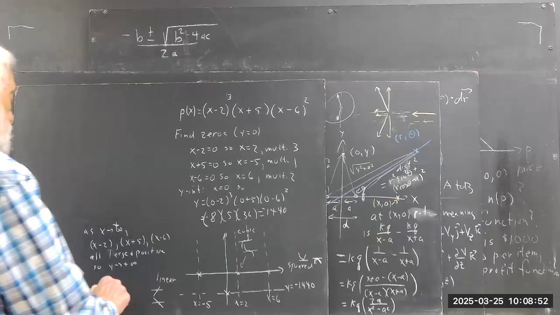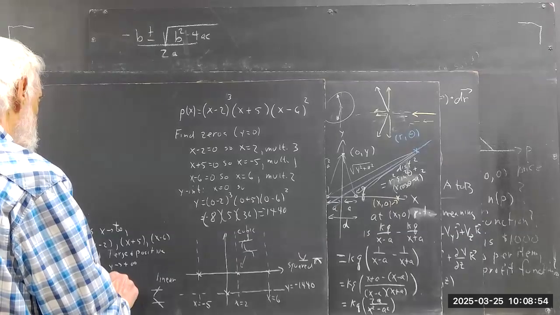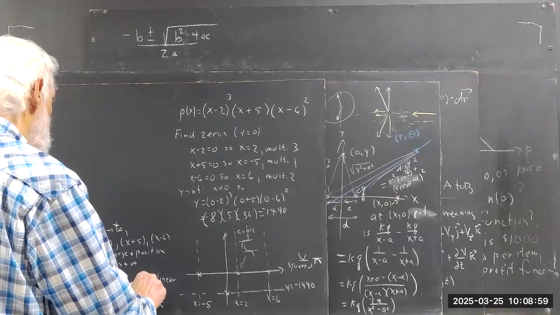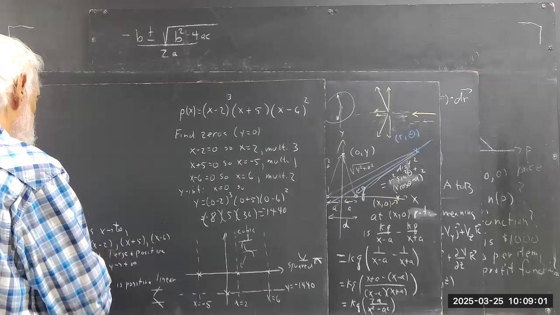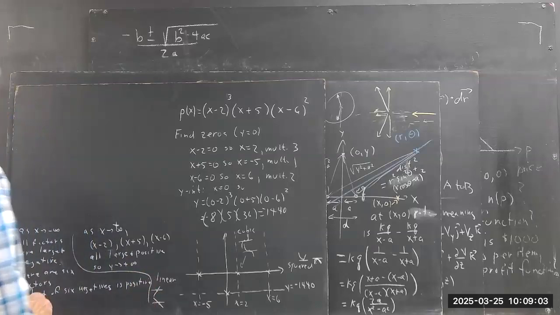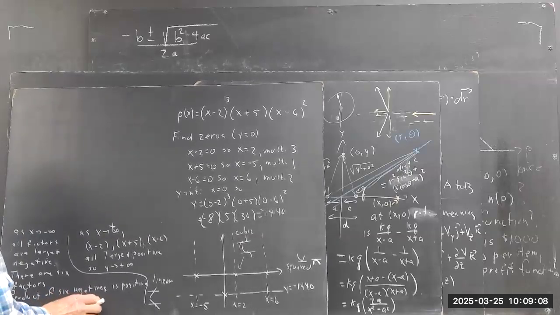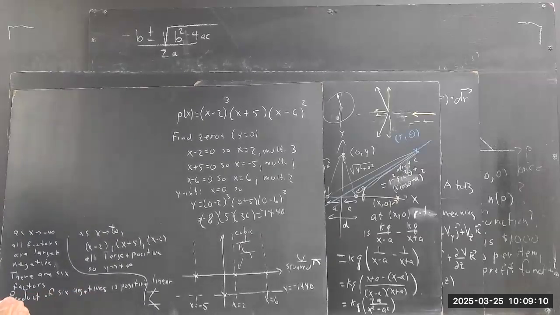The product of 6 negatives is positive. So plus infinity. That's your reasoning.